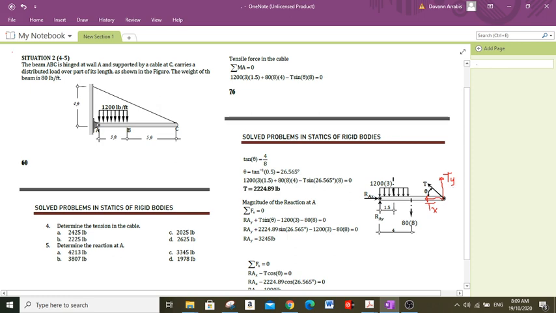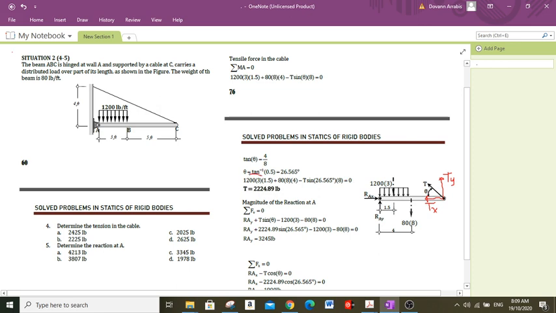And this Tx, since the line of action of this force intersects with point A, the moment of this Tx is equal to 0. Ty is a counterclockwise moment, so negative. Ty is T sine of the angle times the moment arm.